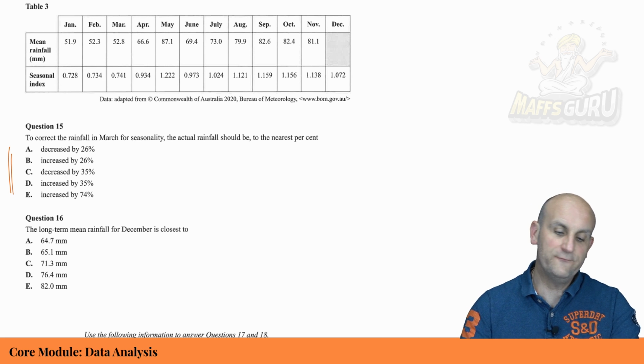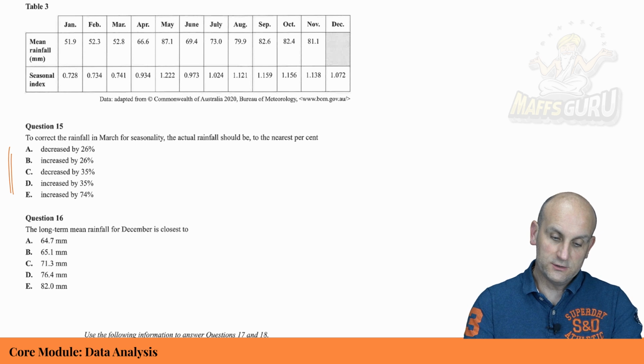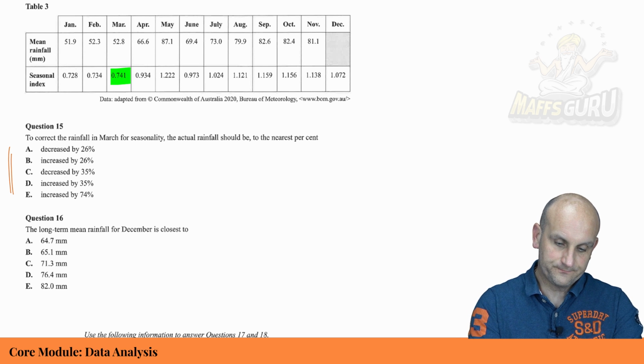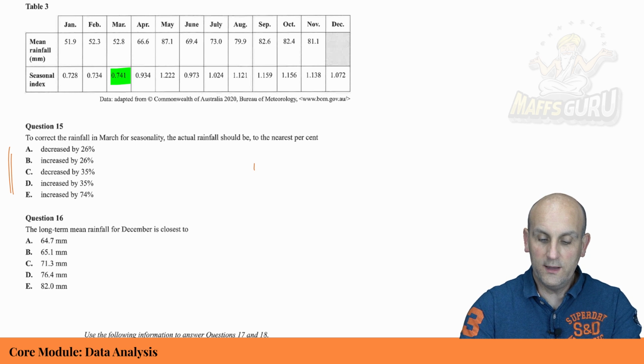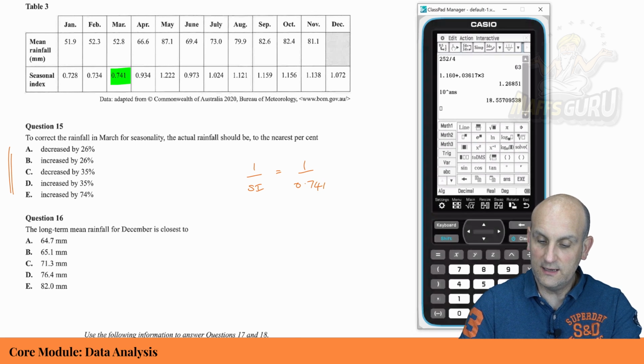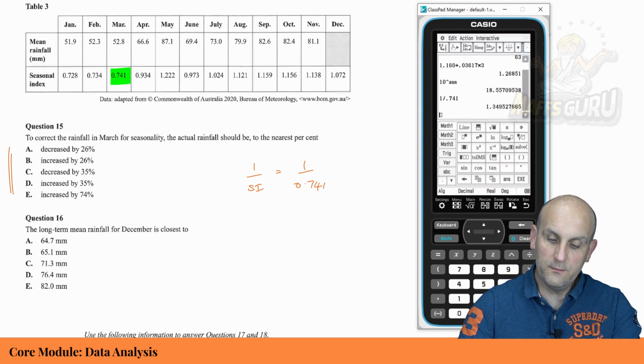So correct for the rainfall in March for seasonality, the actual rainfall should be. Now again, this is a formula. You do 1 divided by the seasonal index. So you would do 1 divided by 0.741. Bring out the calculator. 1 divided by 0.741 gives me 1.34952.